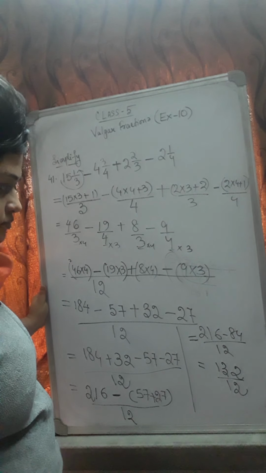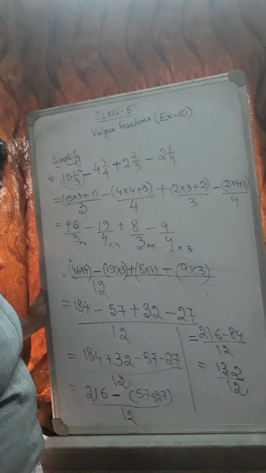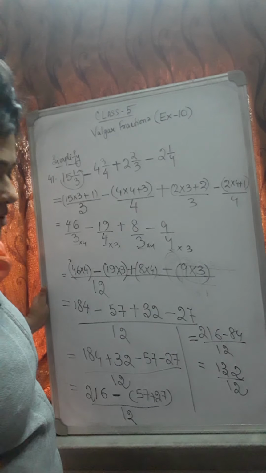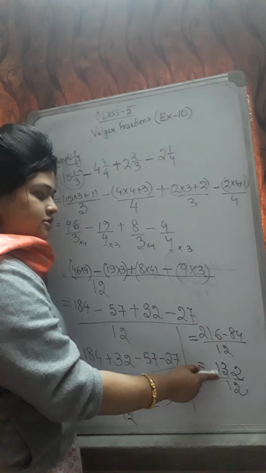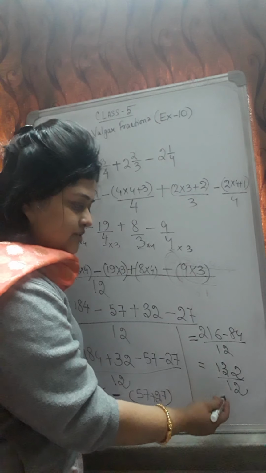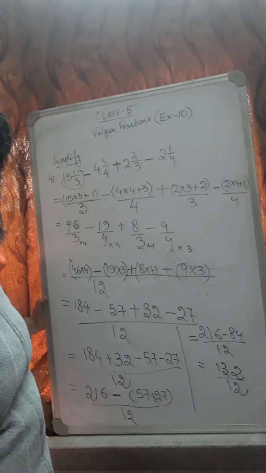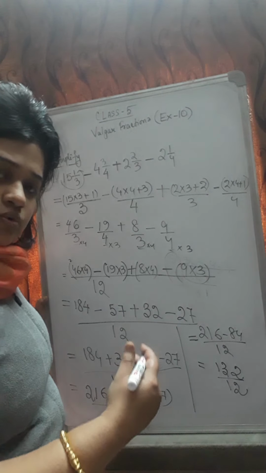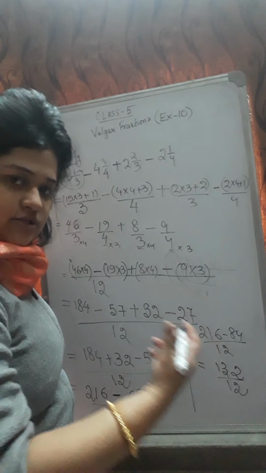So 132 by 12. Now you have to check whether this is not a proper fraction because the numerator value is greater than denominator. So it is improper. So what will you do? You will change into mixed fraction.